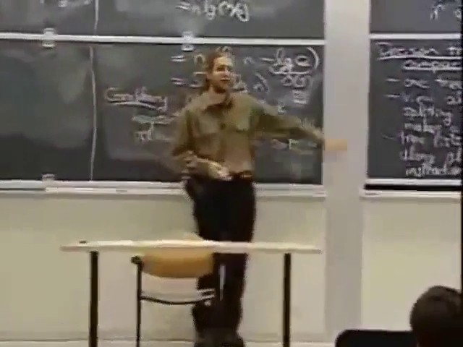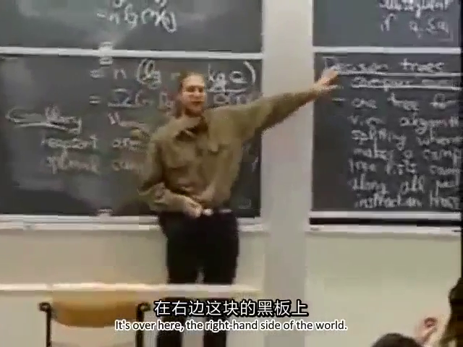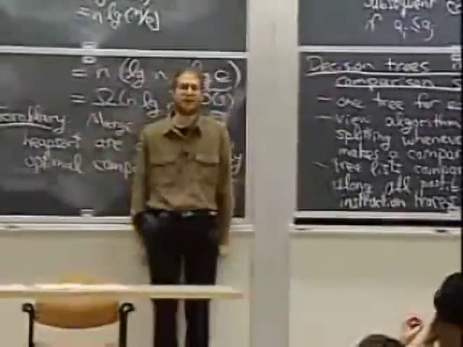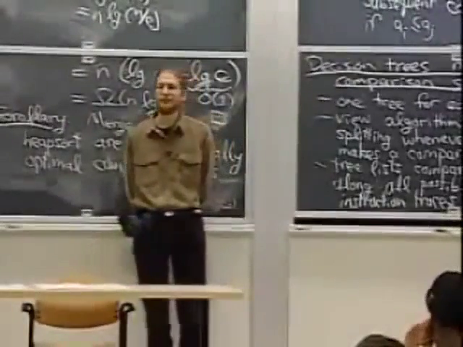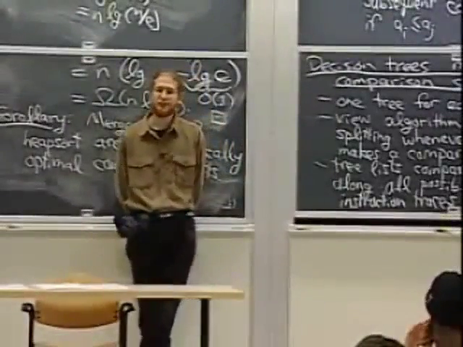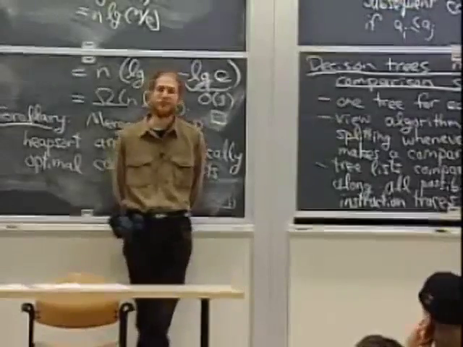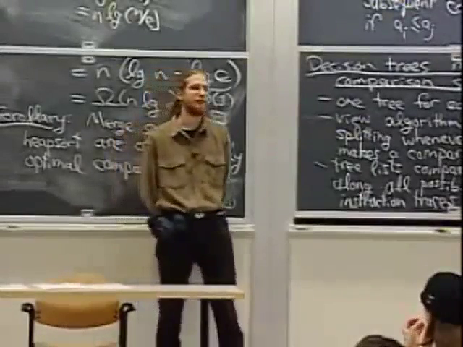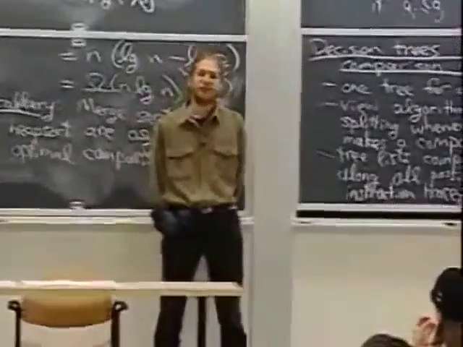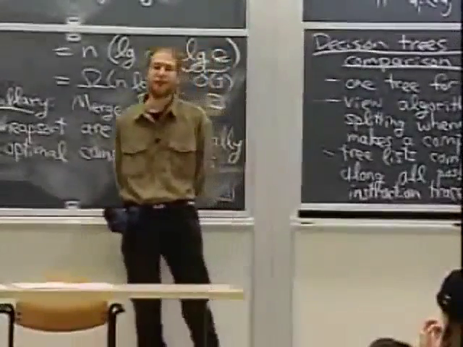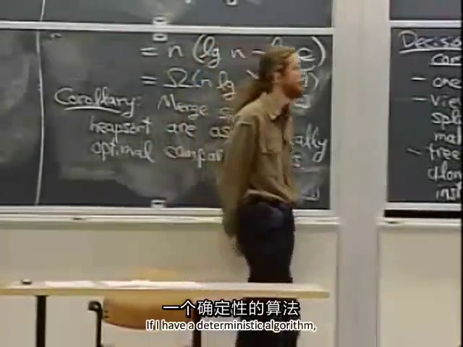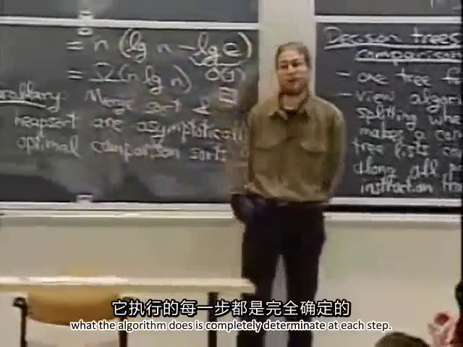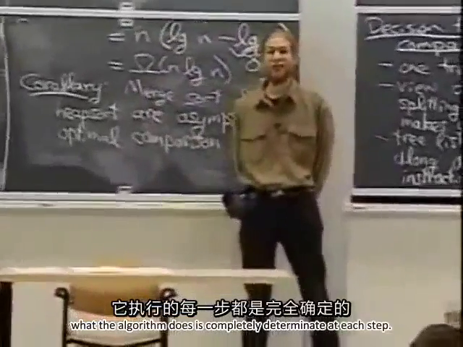I'll give you a hint. It's over here, the right-hand side of the world. So if I have a deterministic algorithm, what the algorithm does is completely determined at each step.